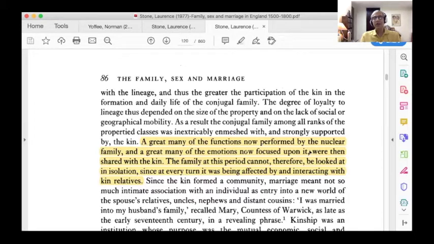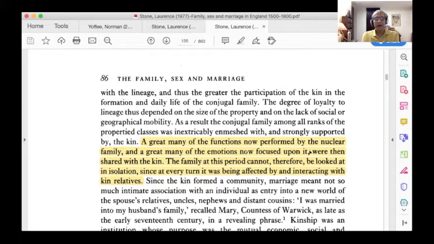Right? So, in contrast with how the nuclear family operates today, in England in this period between the 15th and 17th centuries, you have lineage and the kin, the extended family, one might say, playing a much larger role, especially among the gentry.